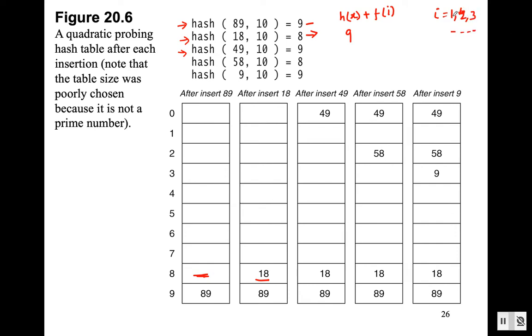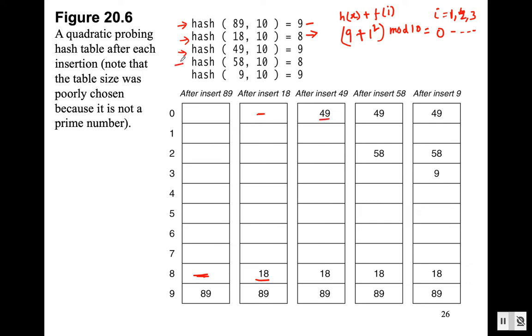We are not going to start from 0, because we are using the square, and 0 square is the same as 0. So i equals 1: 9 plus 1 square mod 10 gives us 10 mod 10, which is 0. Cell 0 is empty, so we insert 49 here.